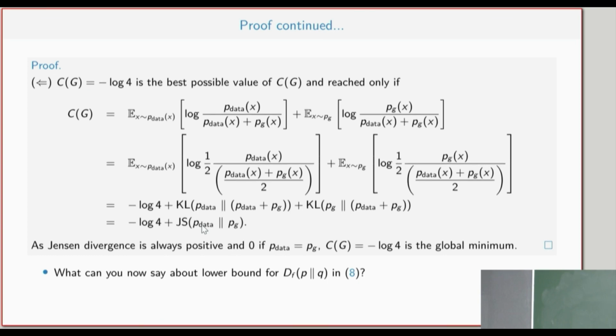That proves our original argument that indeed the minimum is possible, because the JS divergence cannot go below 0. The JS minimum is achieved when p data is pg, and in that case we get CG to be minus log 4, which will be the global minimum. As an additional thing, you may go back to the f-divergence and see what happens there. I leave this pointer for you to explore a bit later.